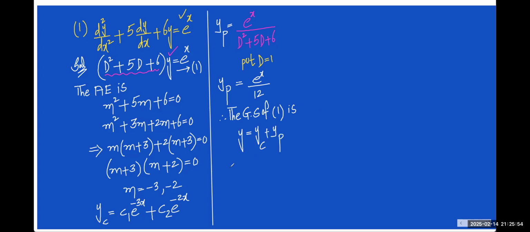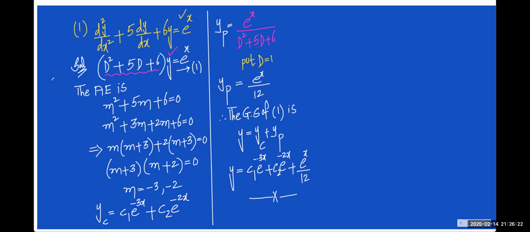So y is equal to, this is the long answer, c1 e to the power of minus 3x plus c2 e to the power of minus 2x plus yp value e to the power of x by 12. This is the final solution of equation number 1. Now it is solved. We have got the solution of this y.